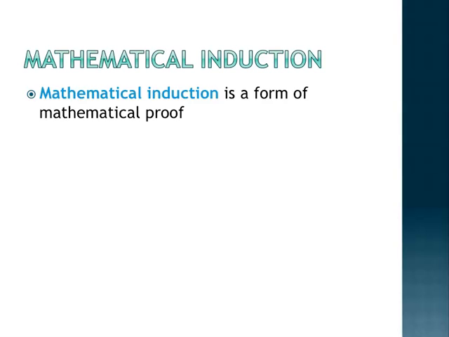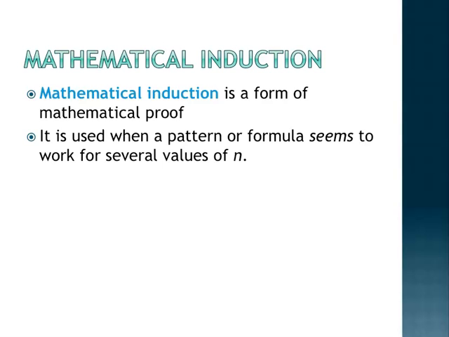It's typically used when you have some sort of pattern or formula that seems to work for several values of n. Now, the problem with something like this is if you see a pattern, it may or may not be the case that that pattern is going to continue to hold as you continue for values of n as they get higher and higher.